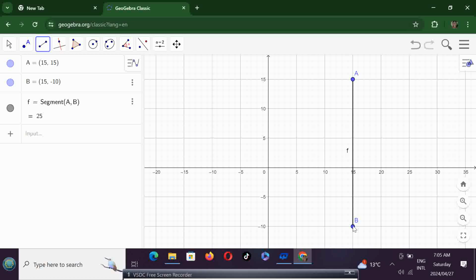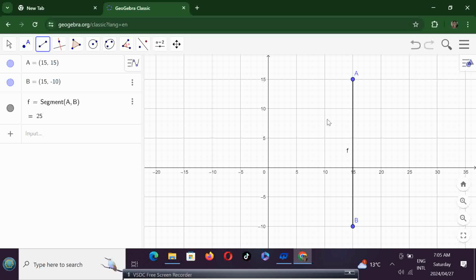So now, whatever axis the line is perpendicular to, the equation is always going to be, if it's perpendicular to the x-axis, x is equal to some constant. But if the line is perpendicular to the y-axis, then its equation is y is equal to some constant.